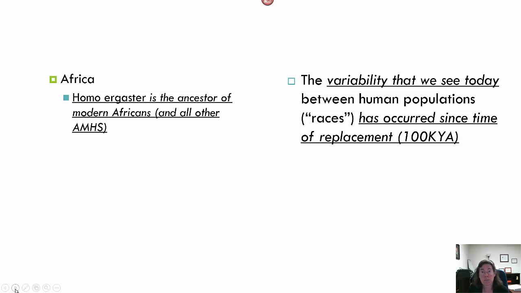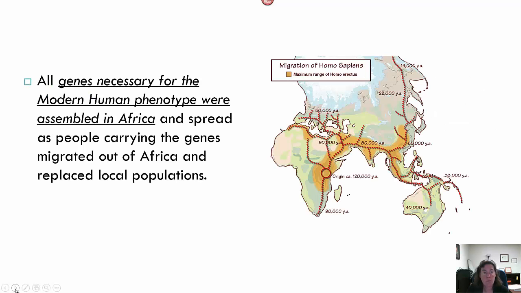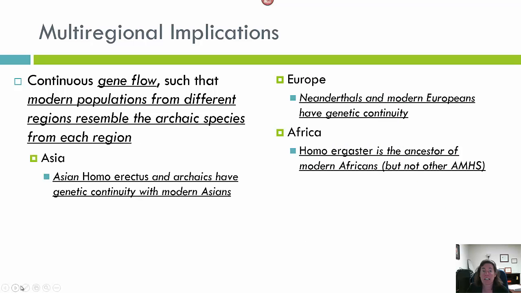That was the time of replacement. So the variation that we see today in modern human population is relatively recent, with only averaging approximately 100,000 years. This hypothesis also states that all the genes necessary for the modern human phenotype were all assembled in Africa and spread out as people carrying the genes migrated out of Africa and replaced local populations.